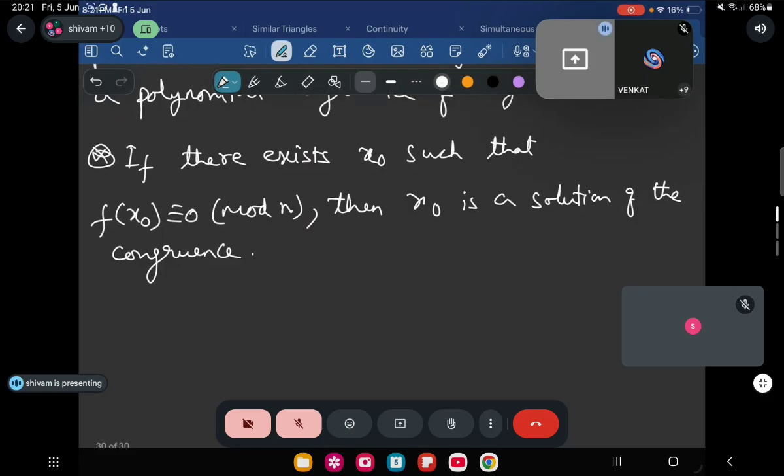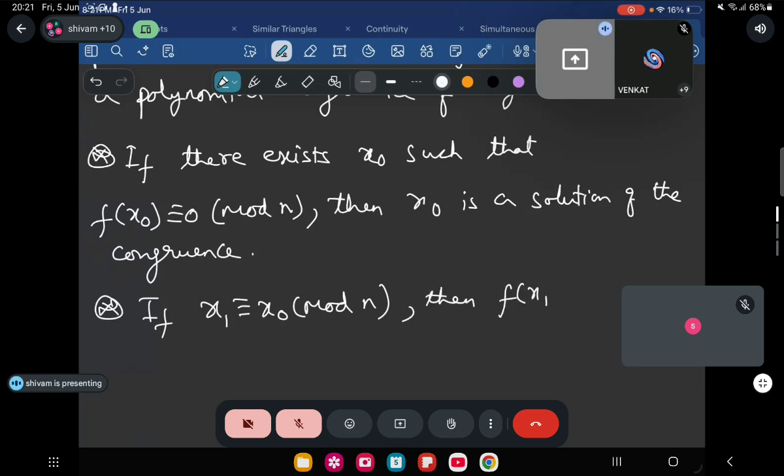Next, one more thing, everyone. If you find x1 such that x1 is congruent to x0 mod n, then f of x1 will also be congruent to 0 mod n.